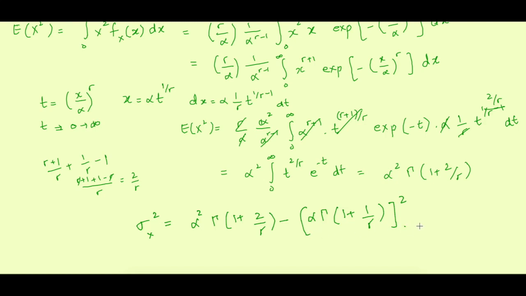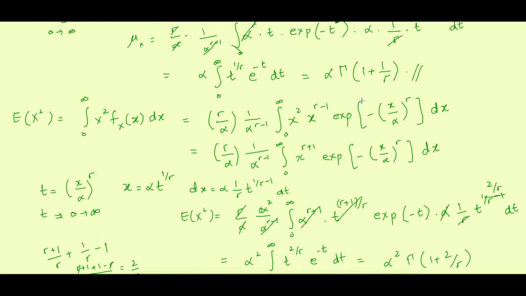So this is the variance of the Weibull distribution, and the mean was calculated to be this expression. So there were not many tricks to it, except that we used that the gamma function is well defined. I mean, there are tables available, and you can find the value of the gamma function for almost any real number.